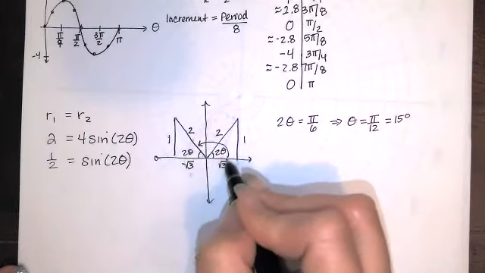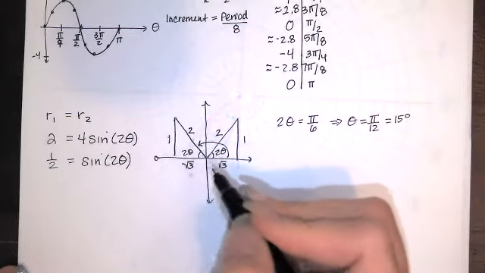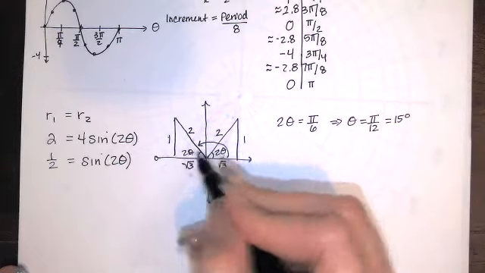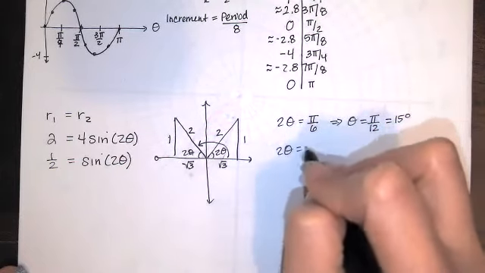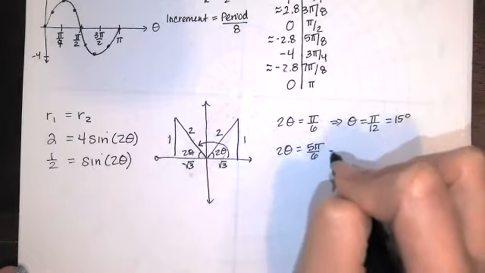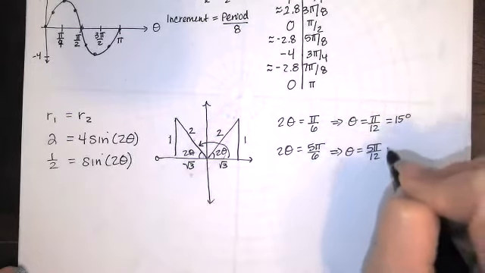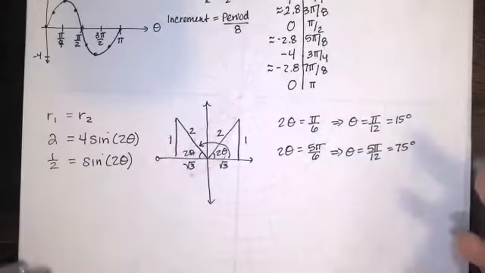Well, this is 30 degrees, so this is 150, or if this is pi over 6 radians, this is 5 pi over 6. And then we divide both sides by 2, and we get 5 pi over 12, which is 75 degrees.